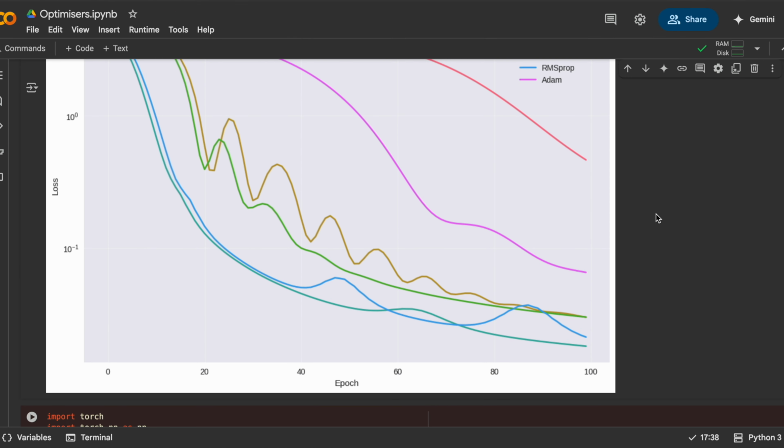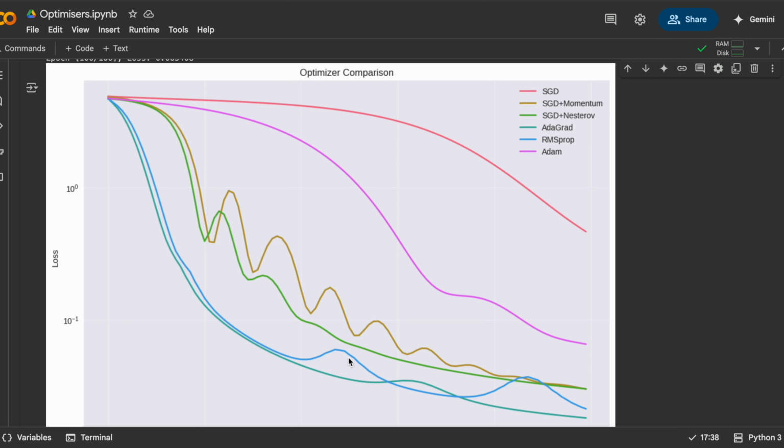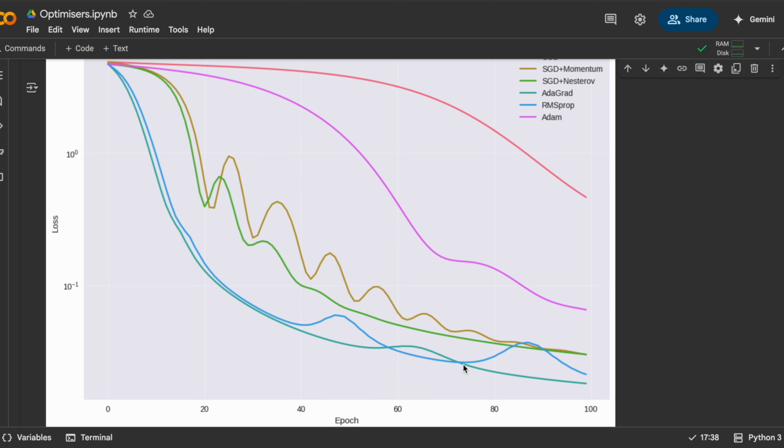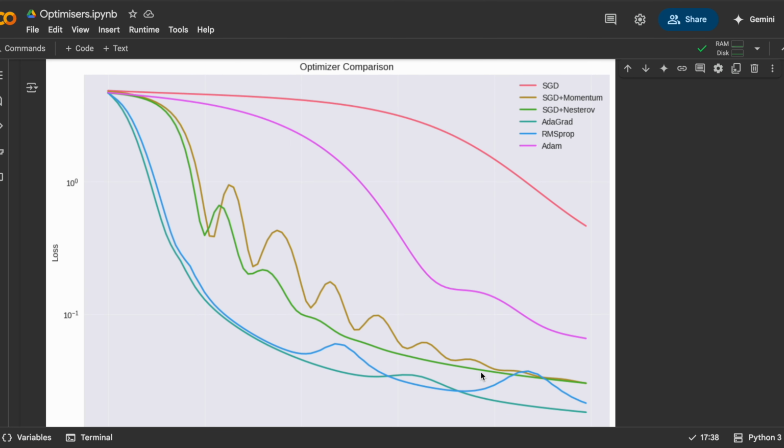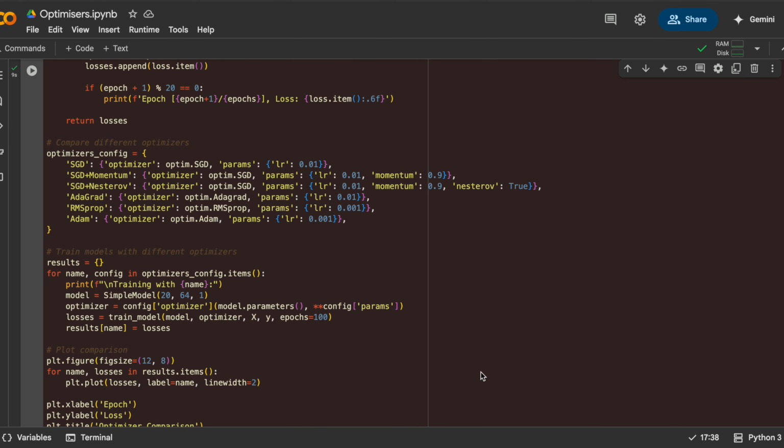You can see that the losses decrease fastest for the others, with SGD the slowest, then SGD plus momentum, then SGD with Nesterov. So Nesterov losses again decrease. This is not complete, so if I try to increase the number of epochs.